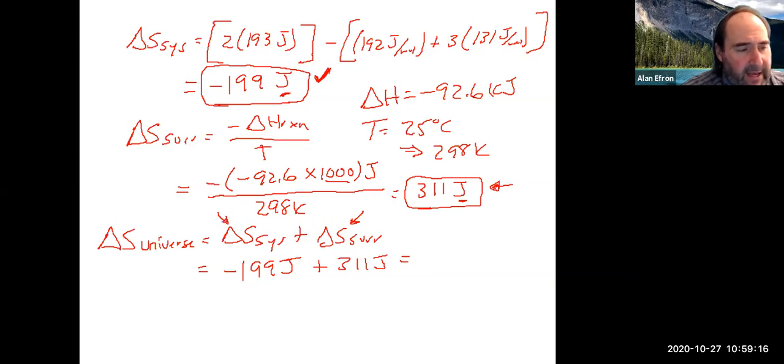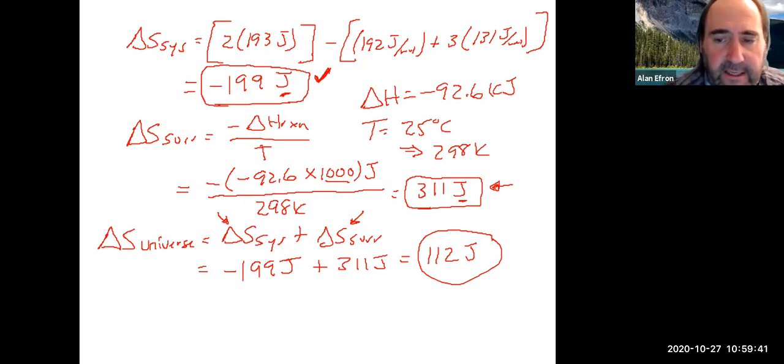You definitely don't want to add those numbers, one being kilojoules and one being joules. You're going to find yourself pretty far off. There are a lot of places where those units can get in the way of getting the right answer. So we're going to end up with 112 joules as our answer for our universe.